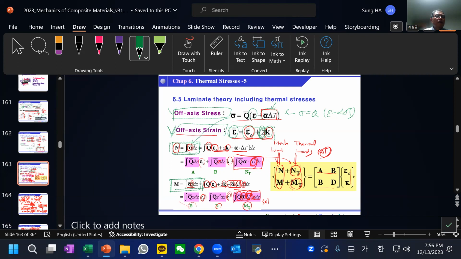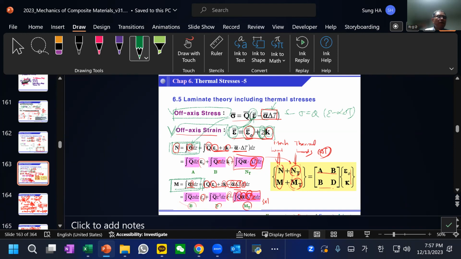Now this total strain is linear through the thickness, in-plane strain and curvature will go in there. So we substitute into this formula. So Q bar and the epsilon 0 plus zk, up to here, is the same as the classical laminate theory with the mechanical load.